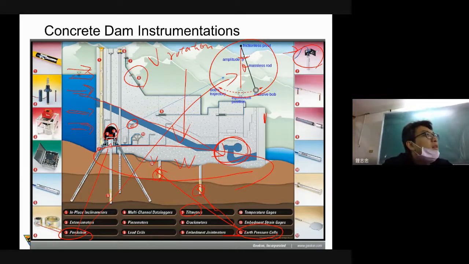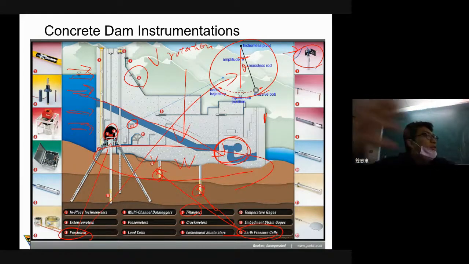You know that the Hoover Dam in America is one of the largest concrete dams in the world. By some rumor, they say that inside of this Hoover Dam, because the volume is too huge, the temperature of the concrete is still very high.